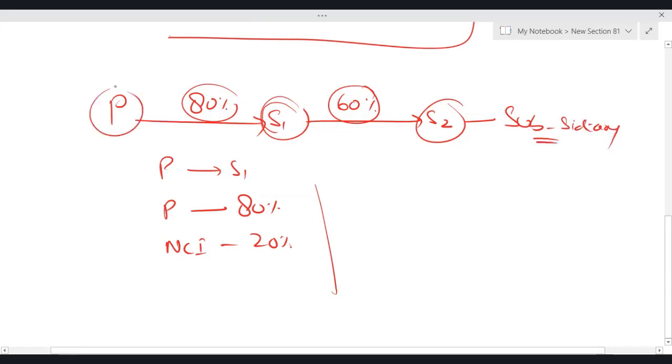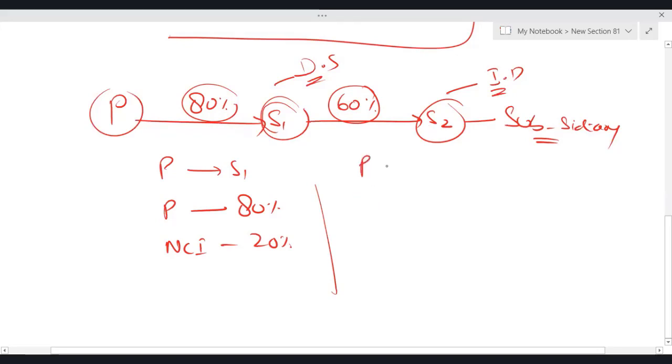So basically, if your direct subsidiary is having a subsidiary, that is also a subsidiary for the ultimate parent. So we simply say S1 is your direct subsidiary, and S2 is your indirect subsidiary, even though if you calculate the effective holding of parent in S2, it will be less than 50%.